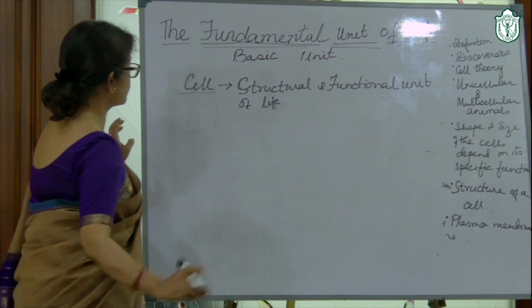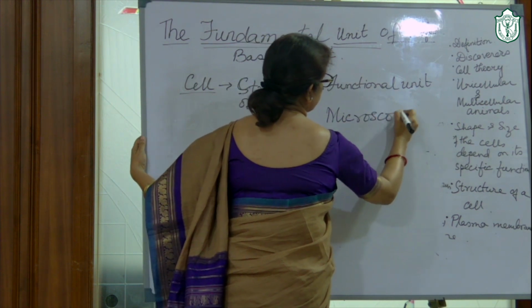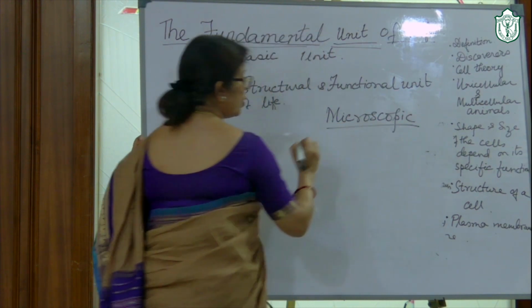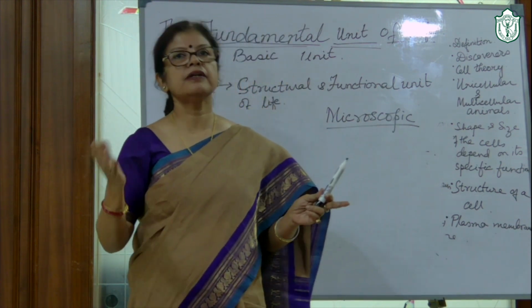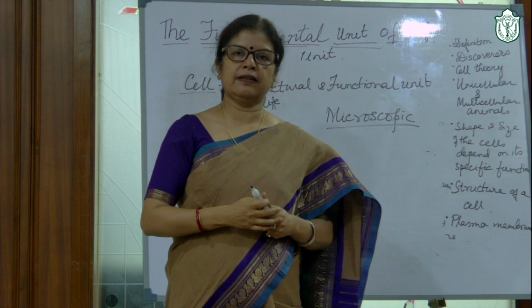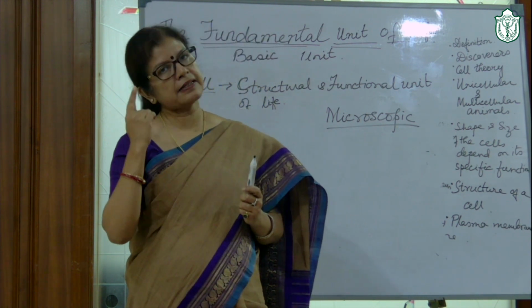Now, the cell is a microscopic structure. Are all organisms made up of more than one cell? No. There are many organisms that are made up of only one cell.